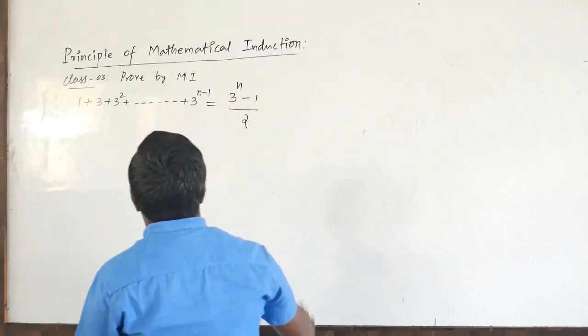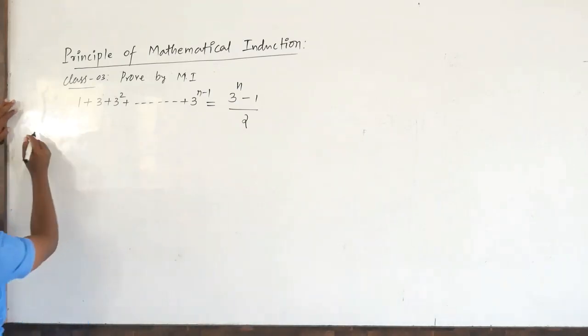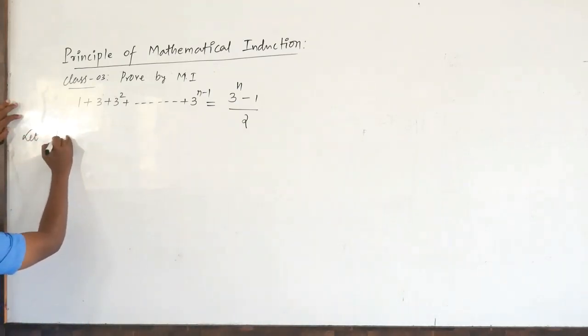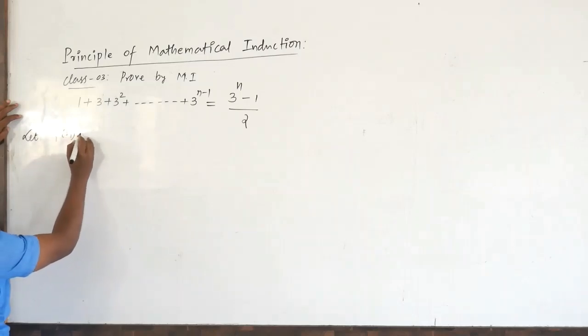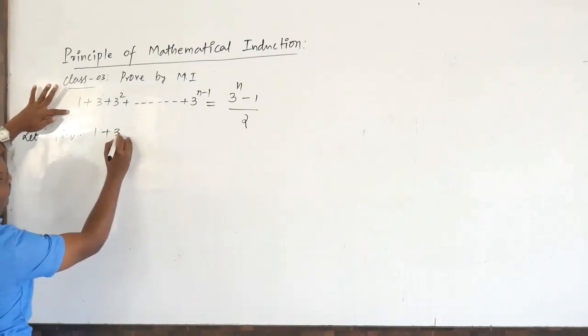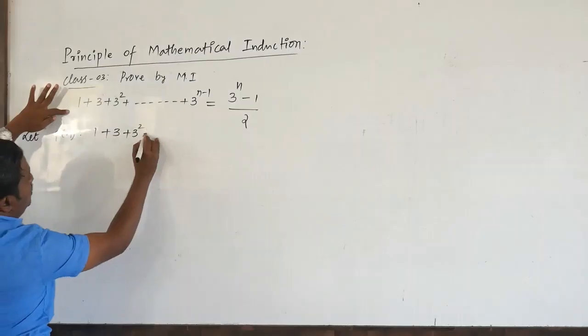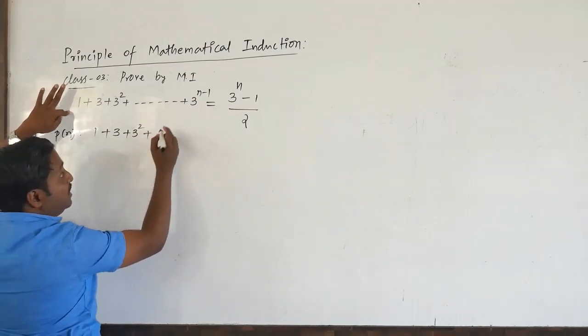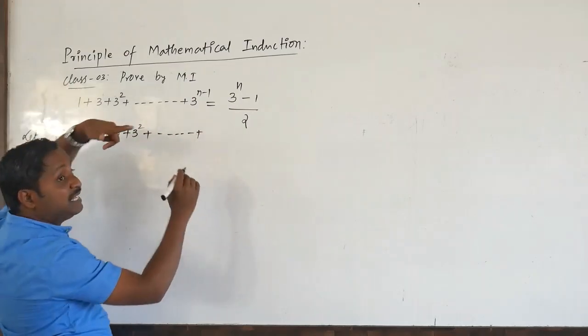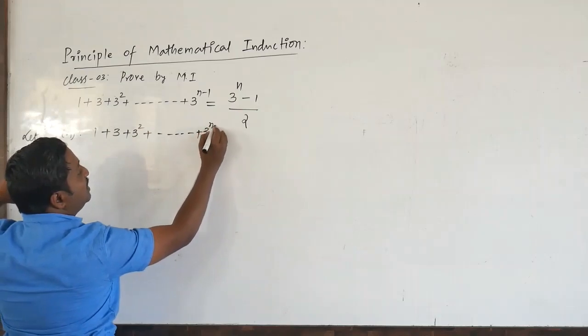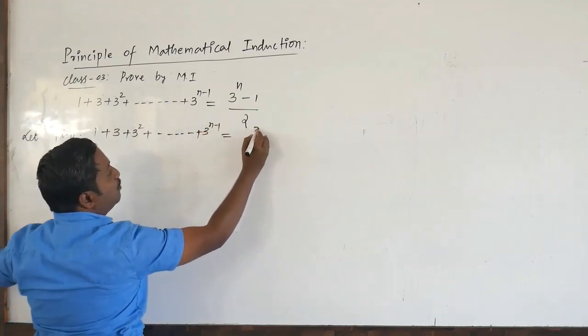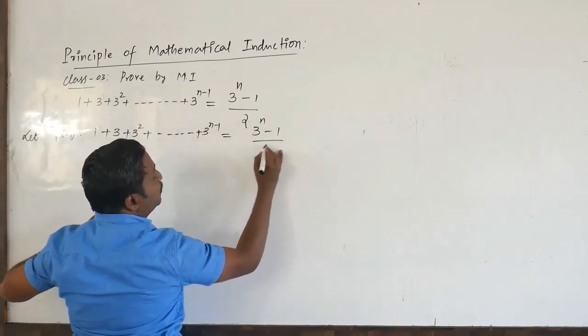So just take the statement, let P of n: first term 1, second term 3, third term 3 square, fourth term 3 cube, fifth term 3 raised to 4, nth term 3 raised to n minus 1, is equal to (3 raised to n minus 1) by 2.